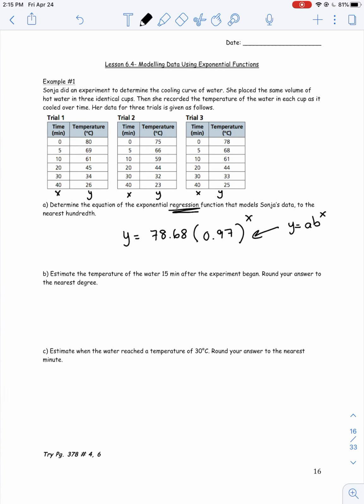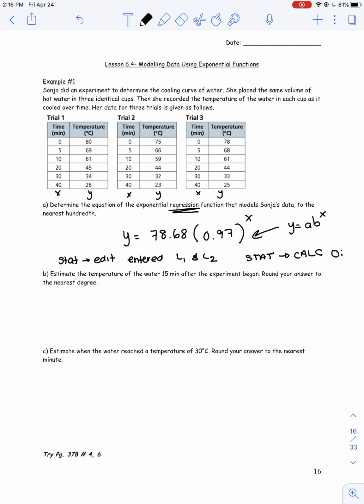So what I'm going to do is write some steps here so you guys can see what I'm pressing. So here in this step, I pressed stat, then I pressed edit, which was number 1, then I entered the values into L1 and L2. Then I pressed stat again once they were all entered, and I went to the right until I saw calc, and then I went to number, for you guys, let me just double check that it's the right number. It actually has to be 0.